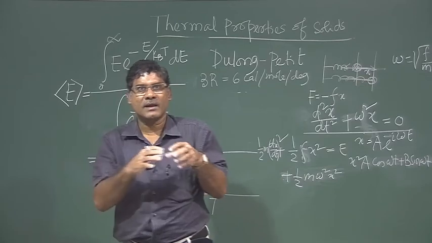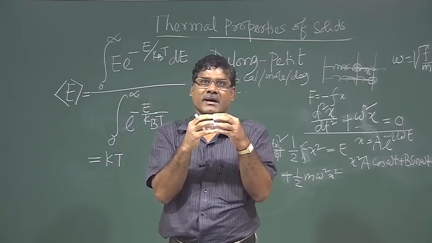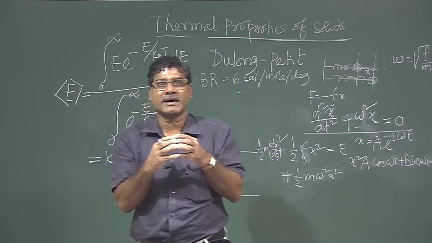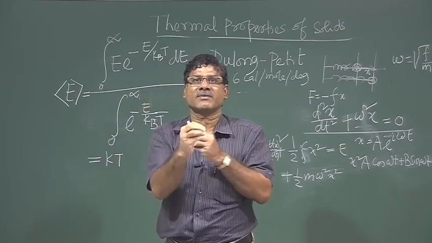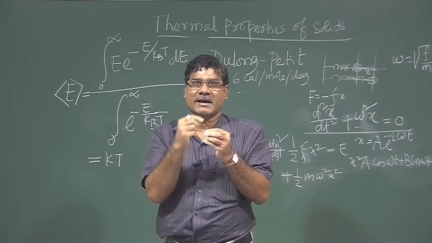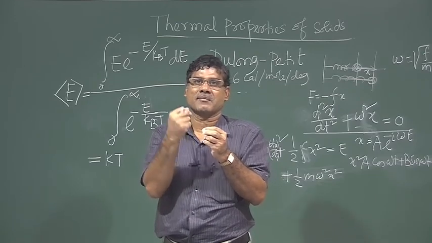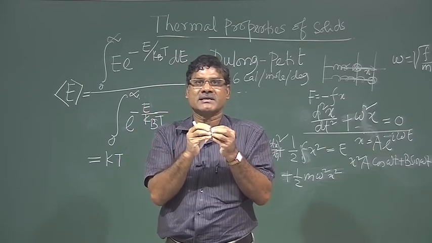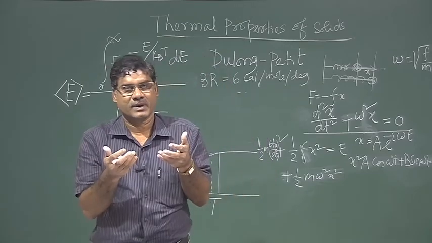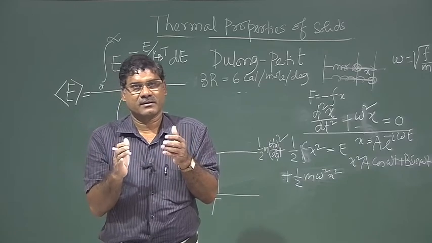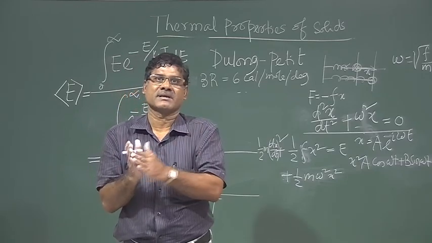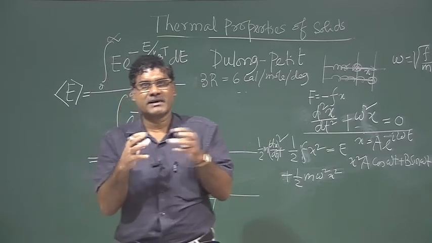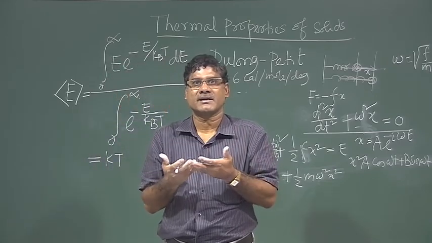So, in total, for one particle you will get the energy 3kT, because it has 3 degrees of freedom: kinetic energy half kT and potential energy half kT. So, the total is kT for each degree of freedom. But remember, half of it is for kinetic and half of it for potential. So, with 3 degrees of freedom, you will get 3kT energy.